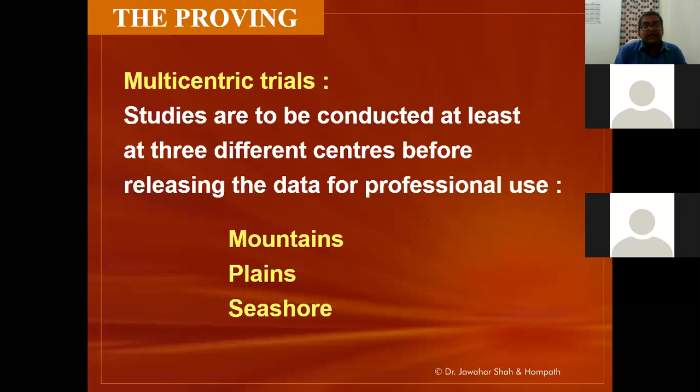Means when anything comes into your materia medica, it is not that proving is done at only one center and cleared. At least more than 3 centers do the proving, and after the proving is completed and the study is over, analysis is done and after that it is kept in the materia medica or in the books of the medicines.